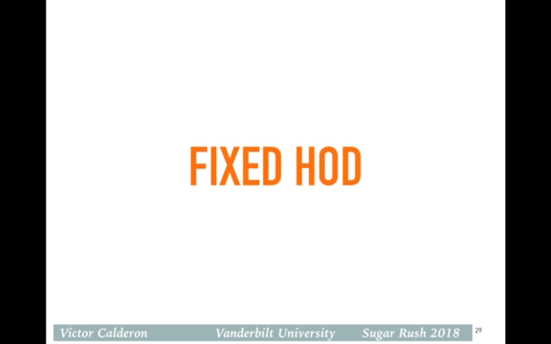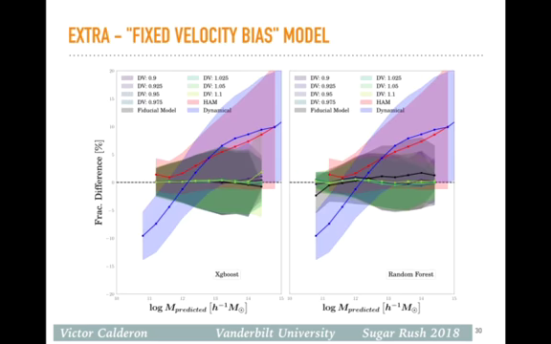Another thing that you can do is keep the HOD fixed, so you don't change the HOD parameters, but modify the velocity bias, meaning how different the velocity bias is between matter and dark matter. We also have a fiducial model which has no velocity bias, and we train the algorithm using that model.